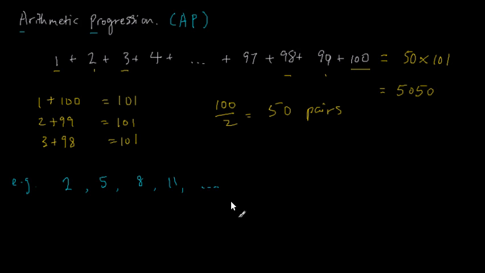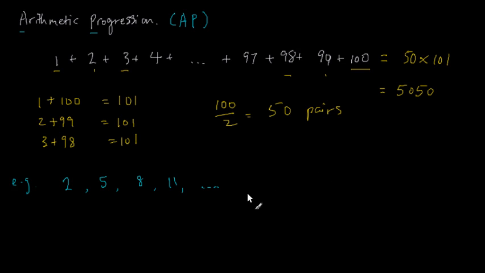It's not entirely obvious what it is. I might have to write out the terms one by one until I reach the 20th term. That's a bit tedious, especially if I decide to find the 200th term. Right, that's going to take a while. So it would be nice if I can have a formula for any term.